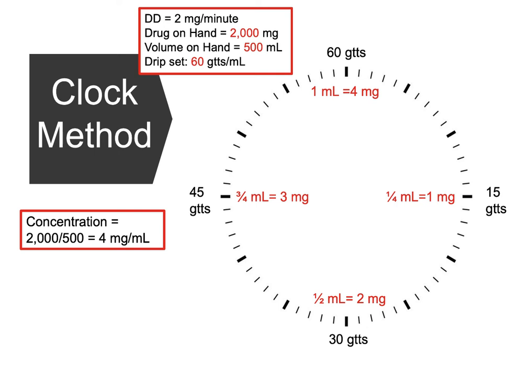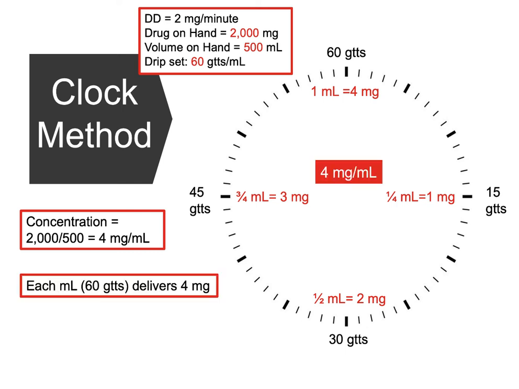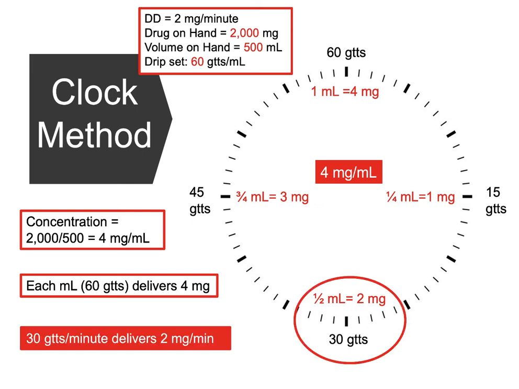If I only give them 30 drops, I've only made it halfway around the clock, and at that point, I'm giving them 2 milligrams. So I can figure out by the number of drops how much drug I'm actually delivering. Each milliliter delivers 4 milligrams, and I can break it down from there.